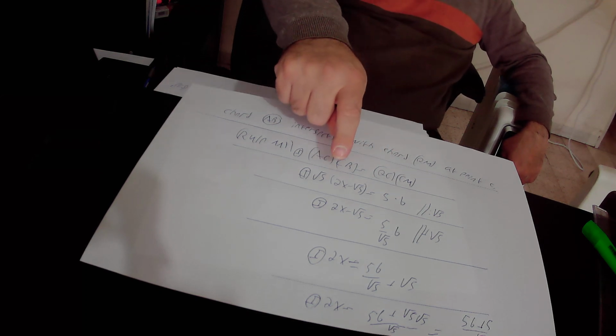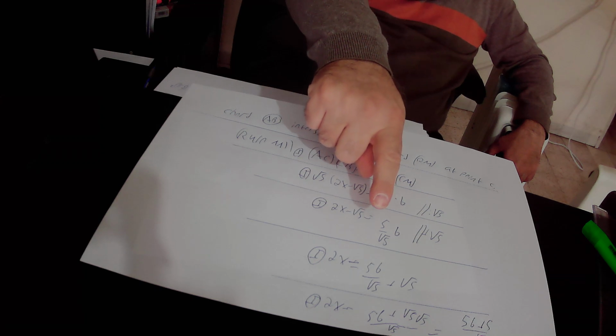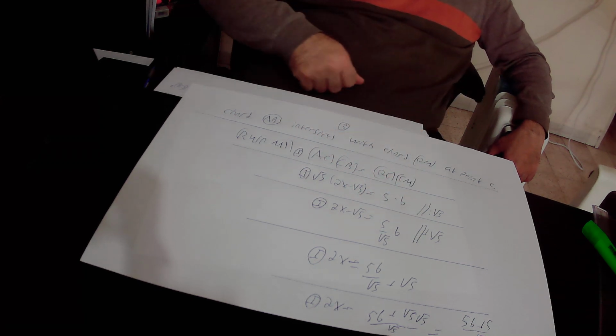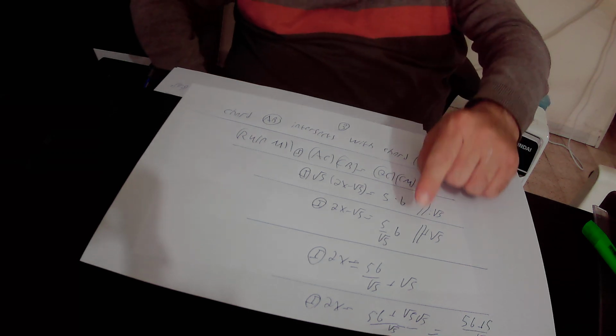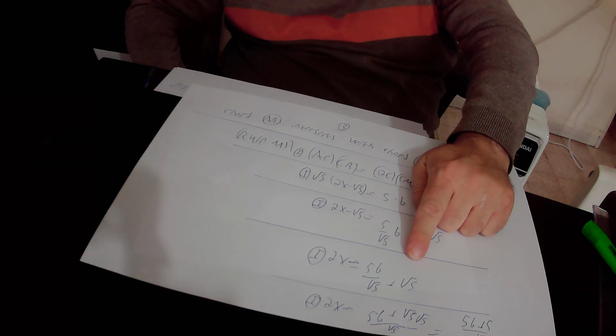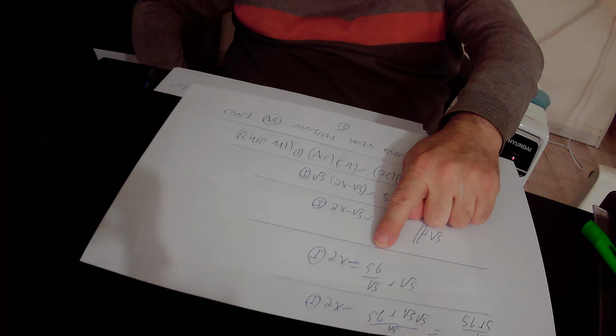Then we added square root of 5 to this equation number 1, and finally found that 2x equals 5b over square root of 5 plus square root of 5. Then we multiplied square root of 5 by square root of 5, and then we divided by square root of 5 in order to have a common factor in this expression.